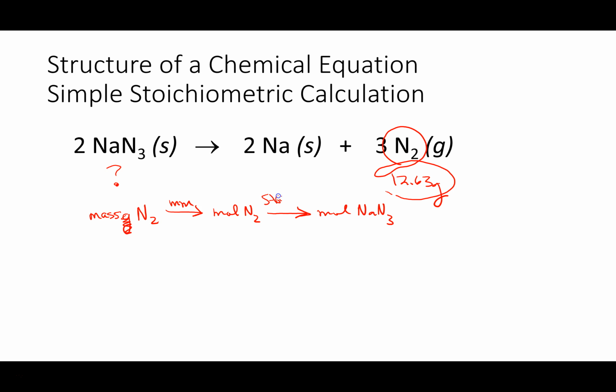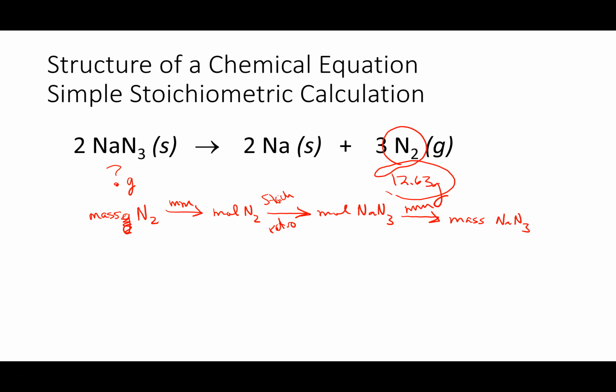And then we're trying to get to grams of NaN3, so I'll put a little G, question mark, over there. How are we going to get from moles of NaN3 to grams of NaN3? Molar mass, yep.